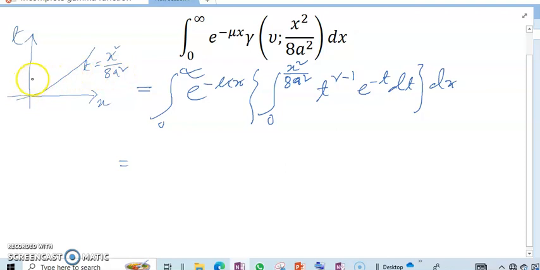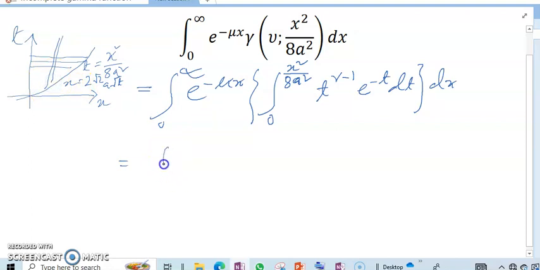If I put t equals 0, then t runs from 0 to this curve. Now if I write x equal to 2 root 2 a root t, then it is this way.